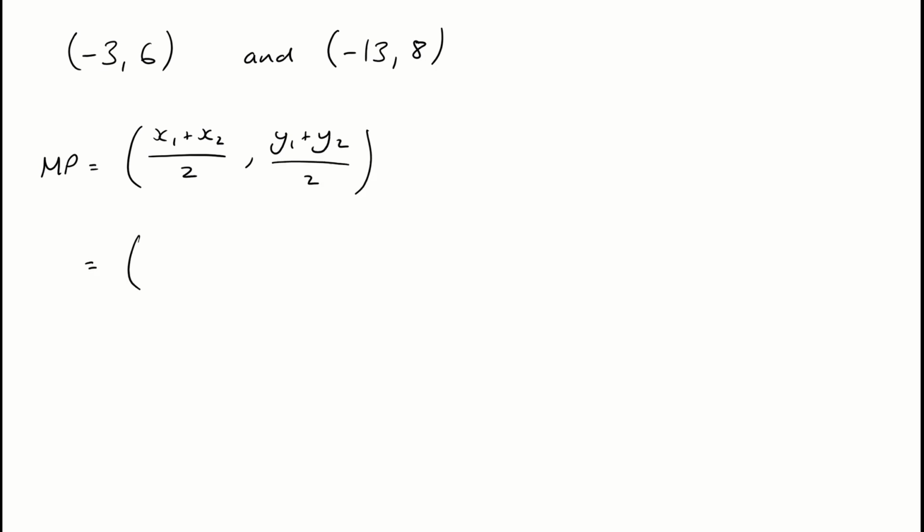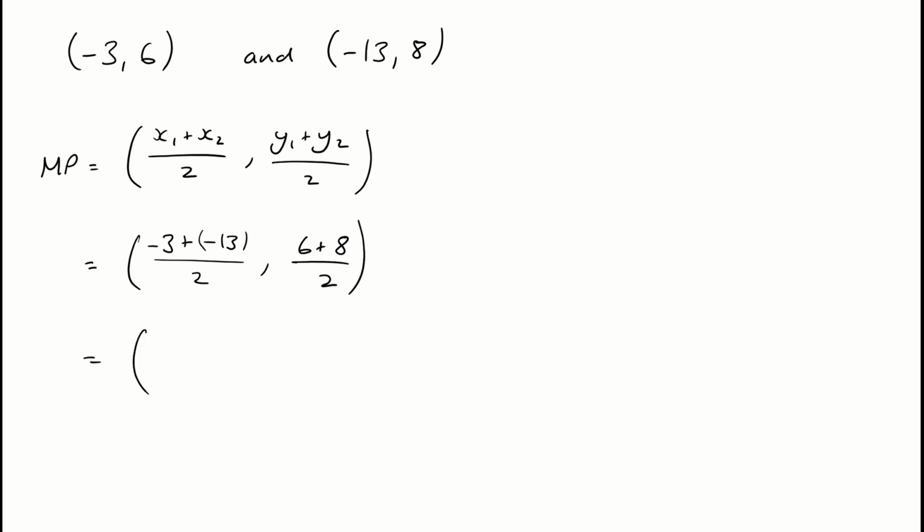So if we do that, our x1 would be -3 and our x2 would be -13. Okay, and we're going to divide that by 2. And then our y1 would be our 6 and our y2 would be our 8, and we're going to divide that by 2. So let's simplify these down.